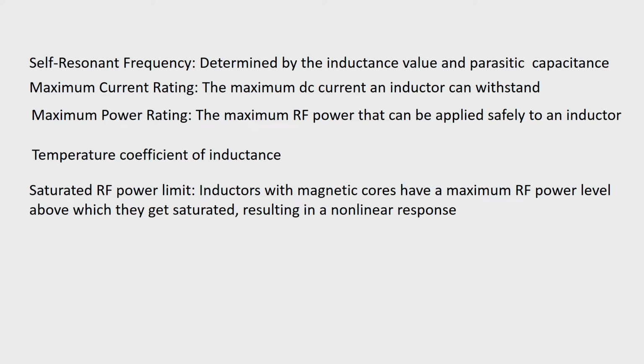If the inductors are fabricated with magnetic cores, then these cores have a maximum RF power level above which they get saturated, and once it goes into saturation, this will result in nonlinear response of the device.